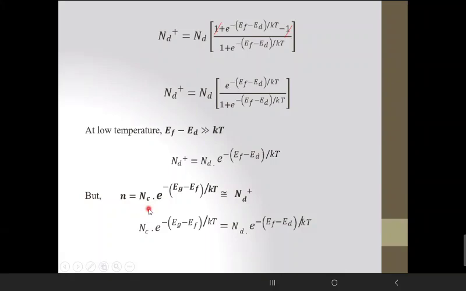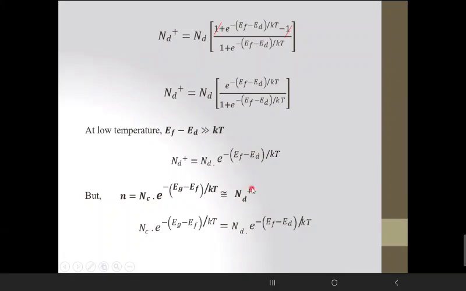So n is equal to Nc into exponential of minus Eg minus Ef over KT, and that is equal to Nd plus.